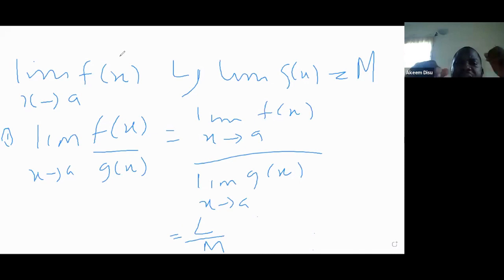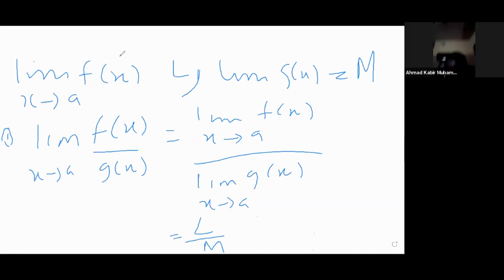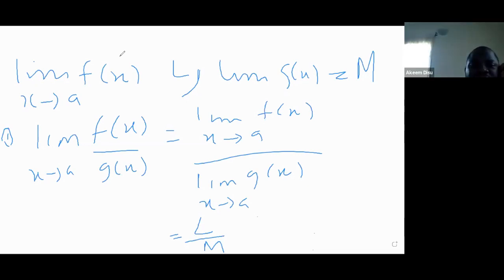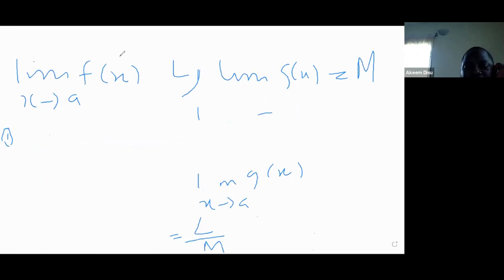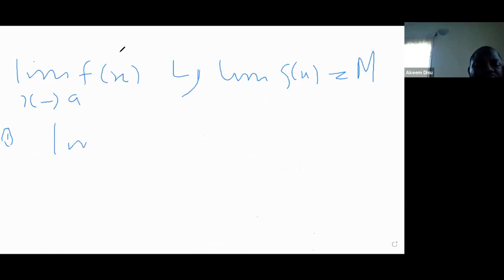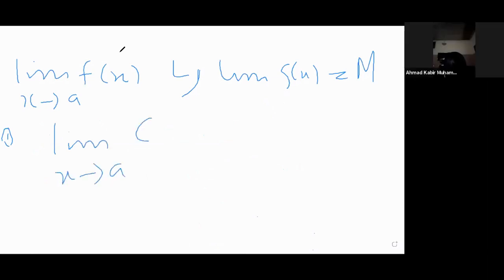The next one that is important for our calculation, we call it limit of constant. Let's take C as our constant. Let's say we have limit of C as x tends to a.